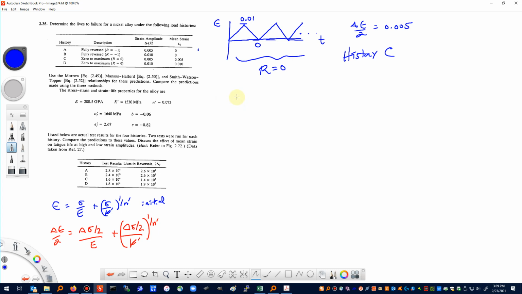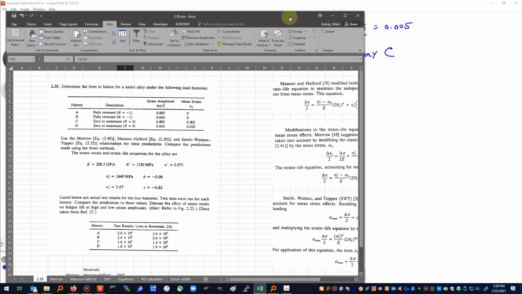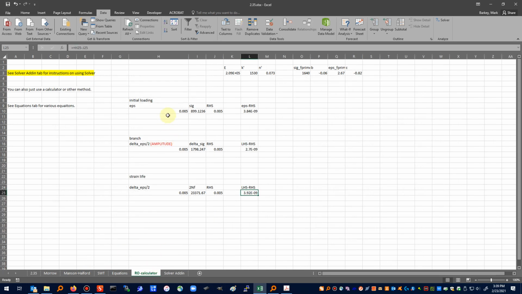All right, our first step is we're going to use our hysteresis monotonic Ramberg-Osgood with the cyclic stress strain properties, where epsilon is equal to 0.01, and we're going to put in here sigma over E, sigma over K prime, and 1 over N prime. And we're going to solve for sigma. I'm going to go back to my spreadsheet and use my solver.